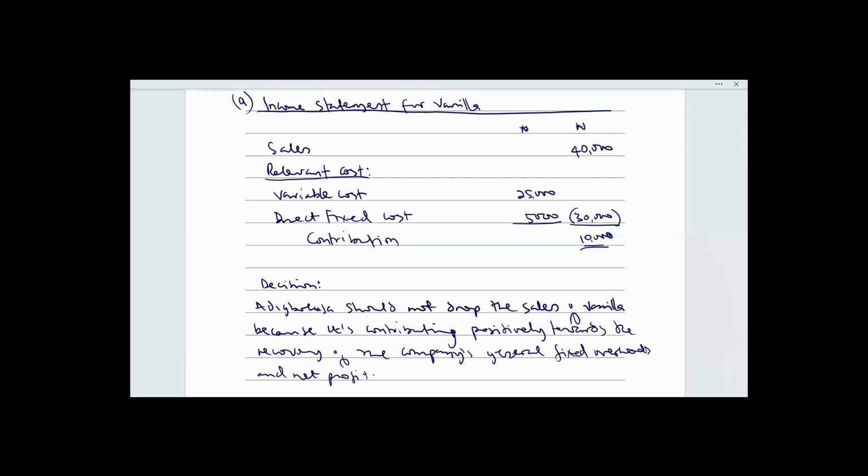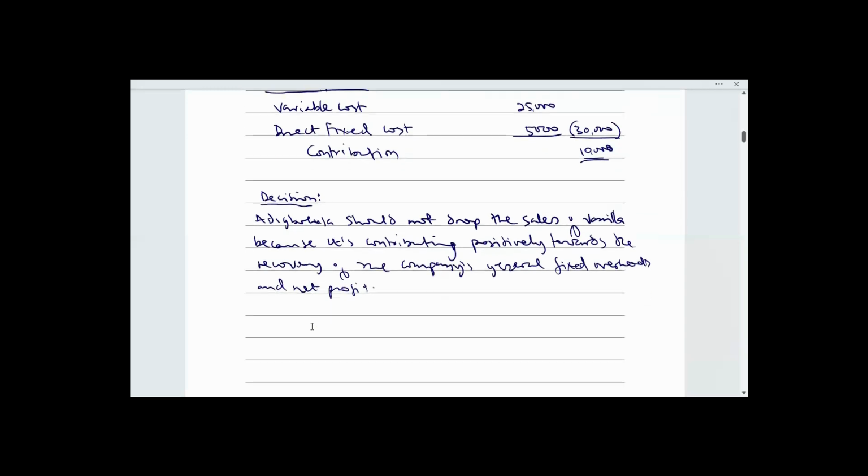So that would be my advice. Because there is a positive contribution, the company should not stop producing vanilla.